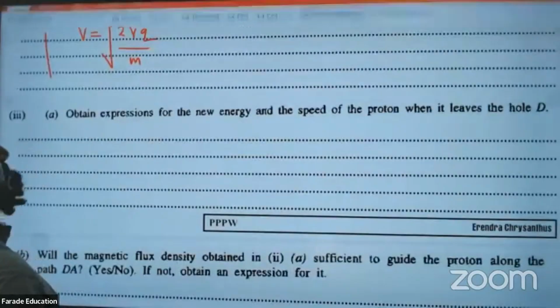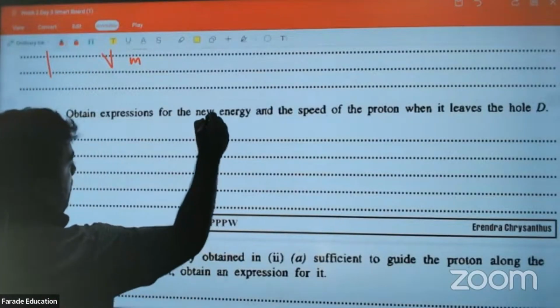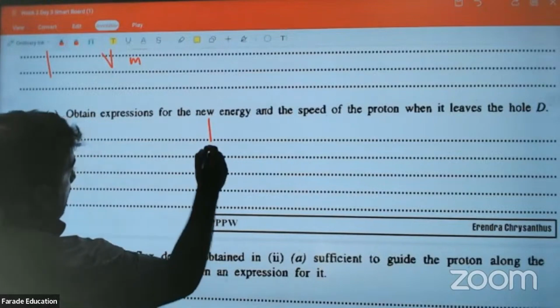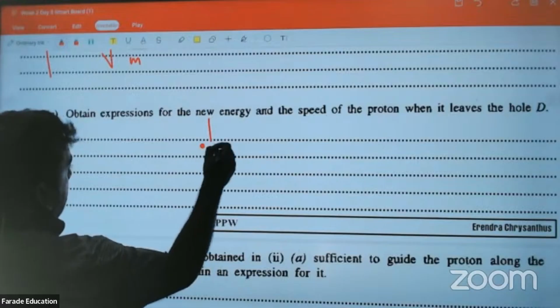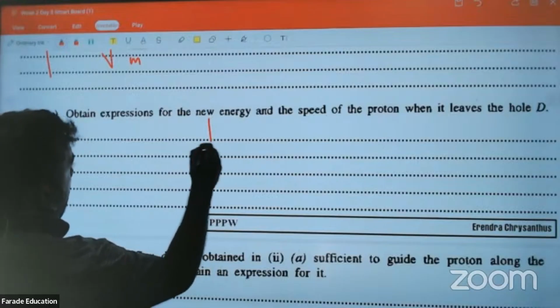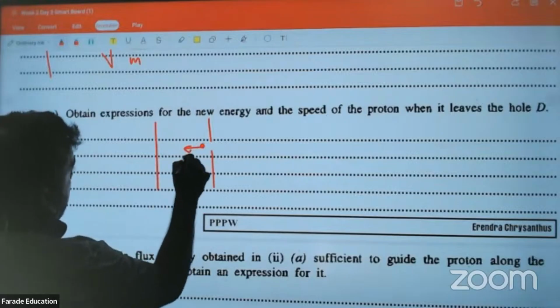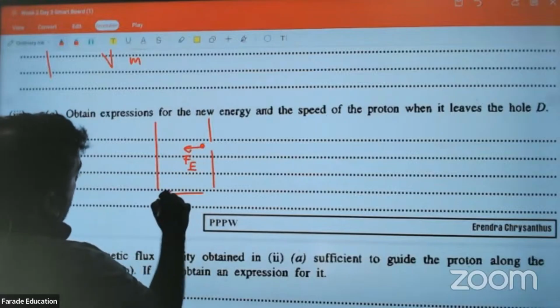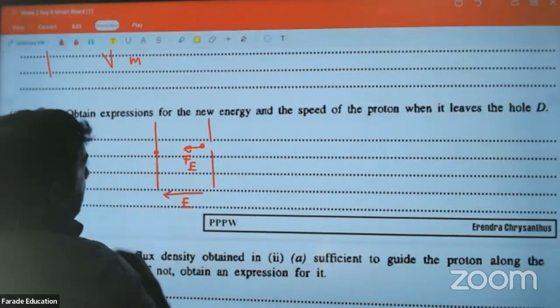Obtain an expression for the new energy and the speed when it leaves the hole. Look at this now. Already there is a kinetic energy, speed. Further there is work done. So what's the kinetic energy here?